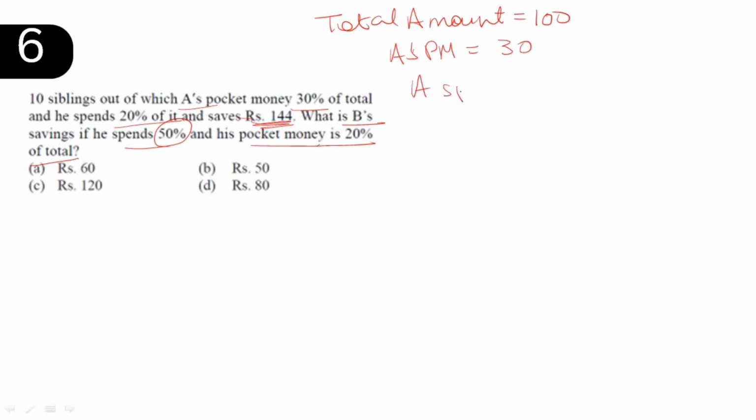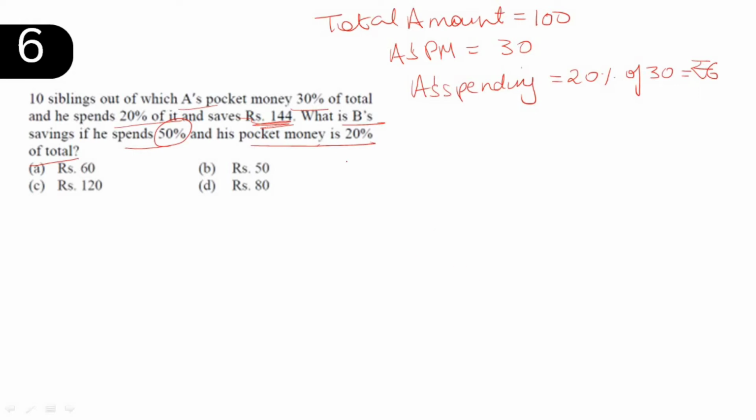How much A spent? A's expenditure or A's spending is 20% of 30 rupees, which is, how much it will come? 20 into 6 rupees. Okay, so it is the expenditure of A.